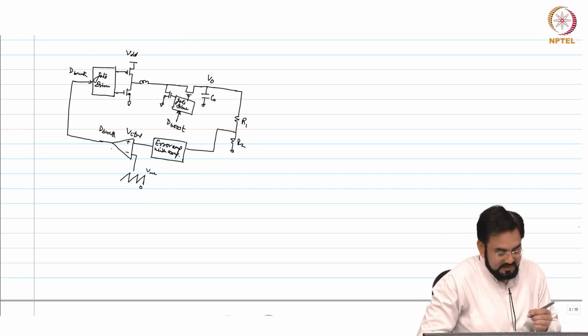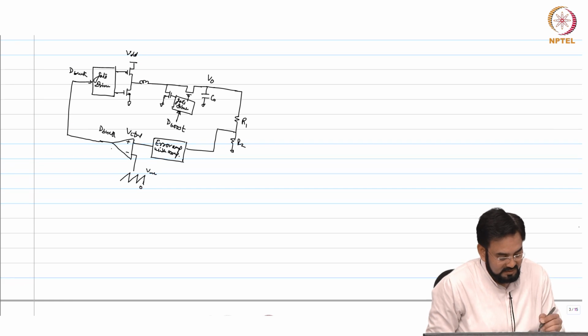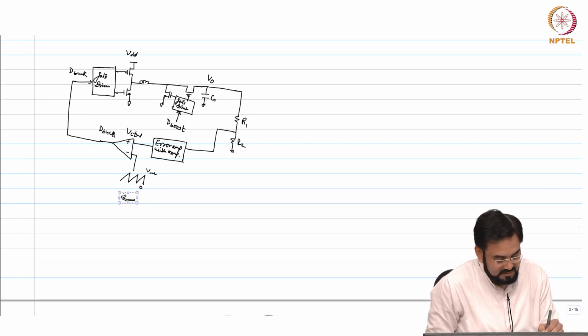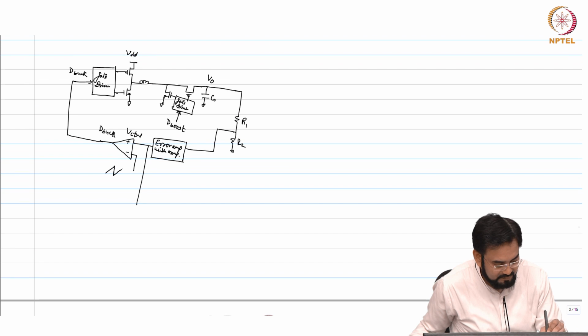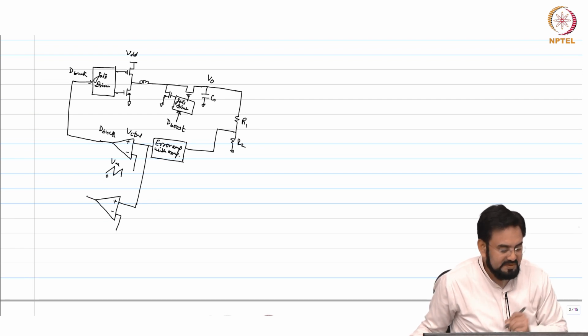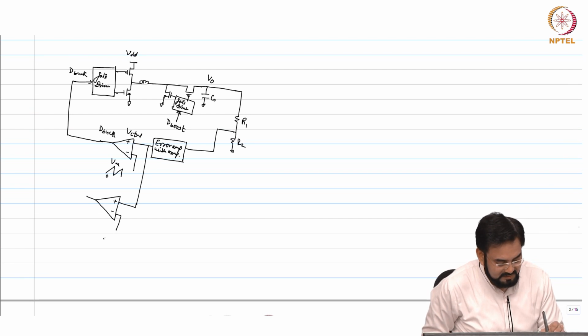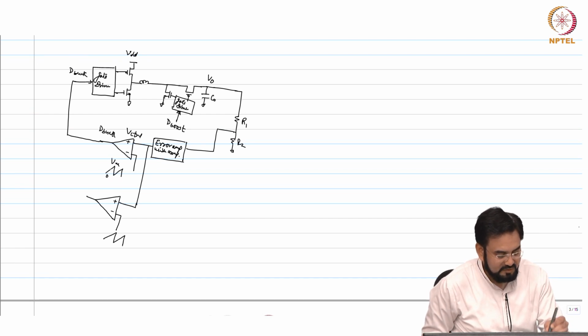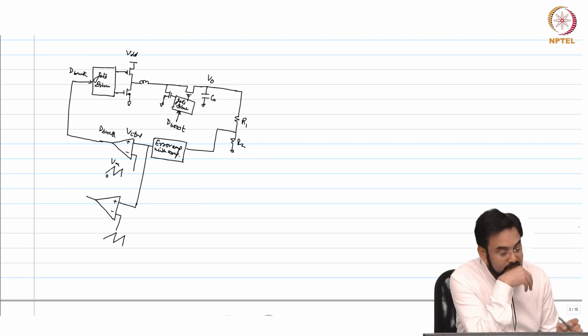So let's say I get another, 0 to VM, one more comparator. Can you tell me what will be the level of this? So this is 0 to VM. What will be this one?